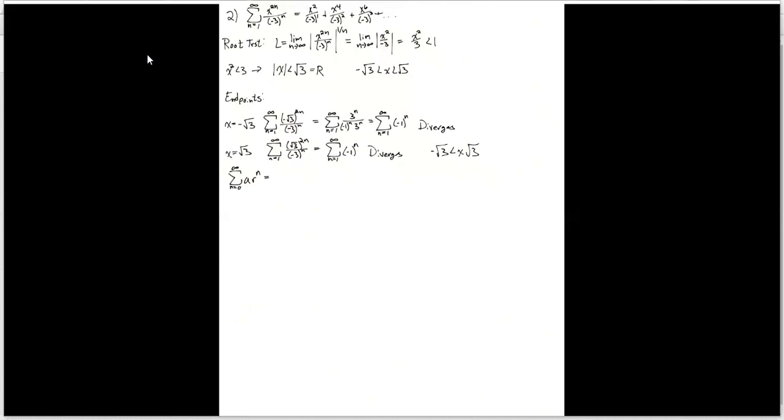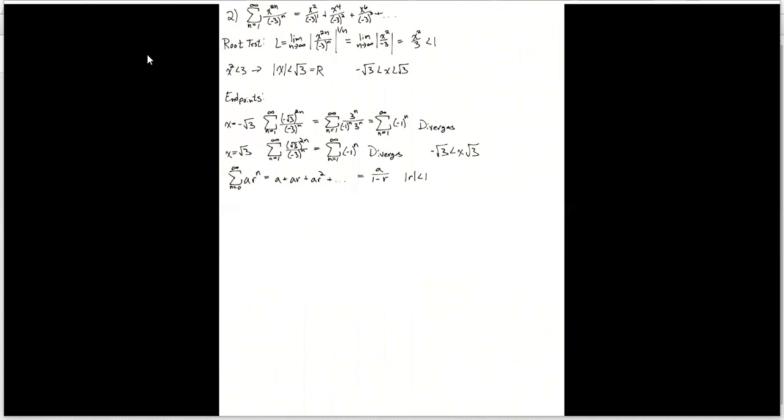Writing this out, we've got a plus ar plus ar squared, and then so on. This is the geometric series, right? And we knew that this converged to a over 1 minus r, as long as the magnitude of r was less than 1, right?